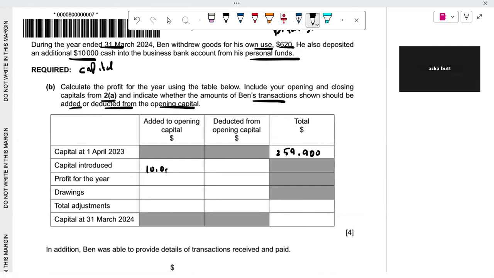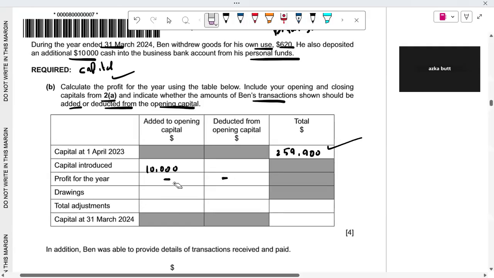So 10,000 we will add to the opening capital. Okay, so we need to find out the profit. We don't know the profit. Drawings are 620, and we need to deduct it from the opening capital. So that's why we will write it here.